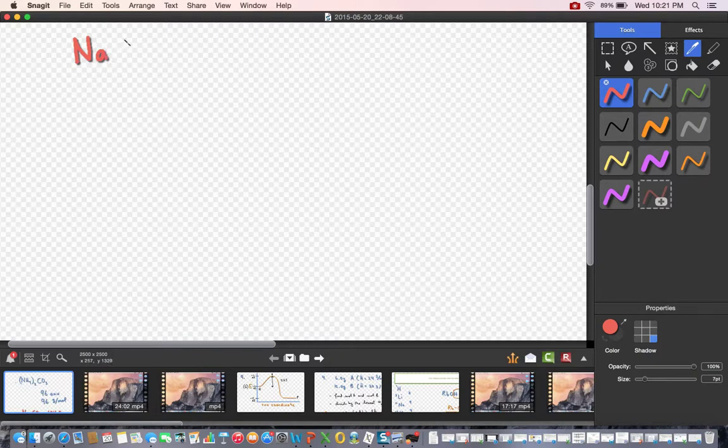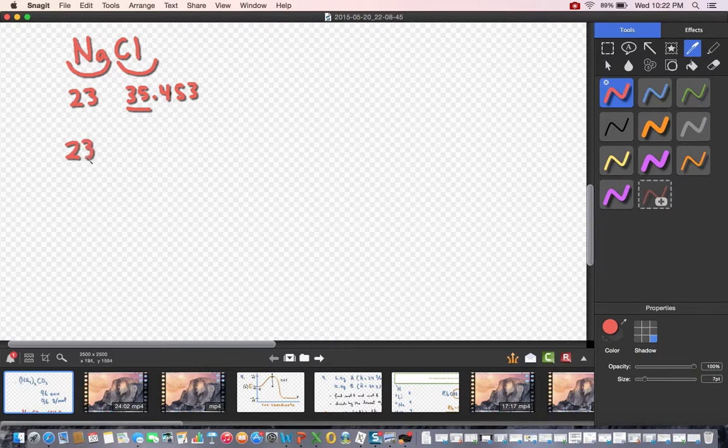Since they don't give us the periodic table in this exam, they're going to give us structural information or mathematical information about the molar masses. So sodium is 23, chlorine is 35.453. If I'm trying to find the percent, what I'd like for you to see is that this number 35 is really, really close to 23 plus half of 23.